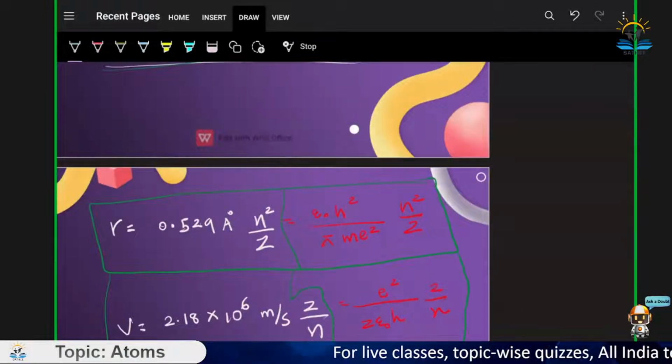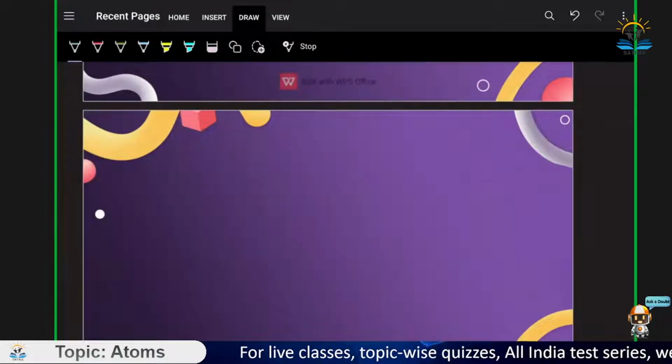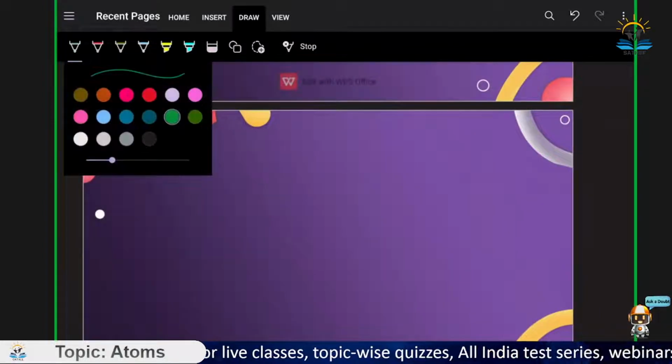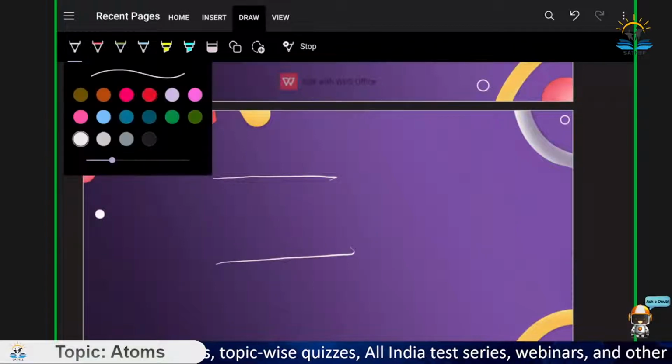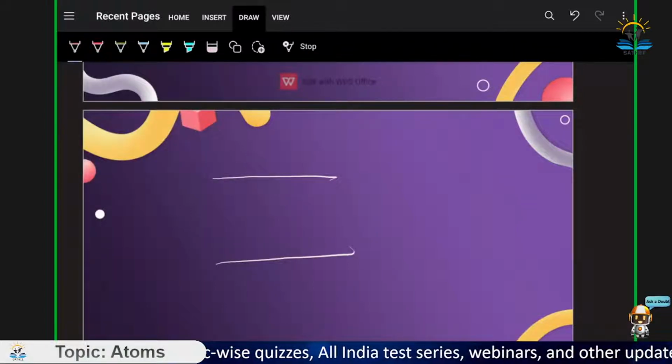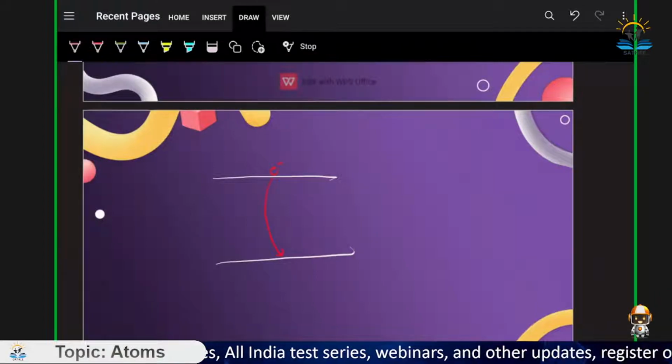Every orbit has a fixed energy. From that we can say, suppose an electron goes from a high energy level to a low energy level.